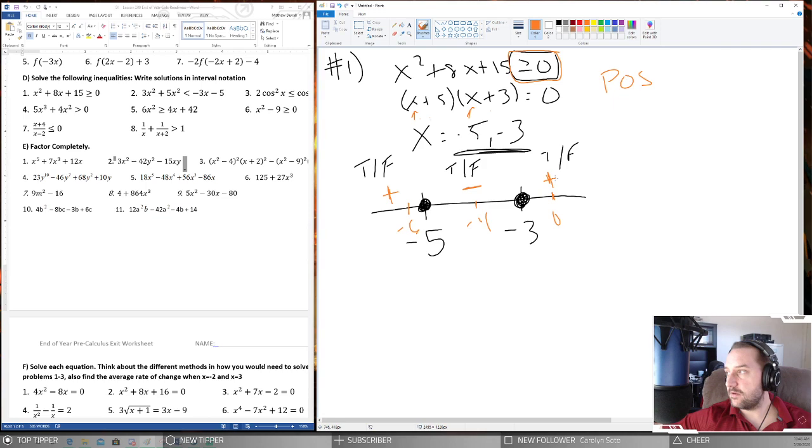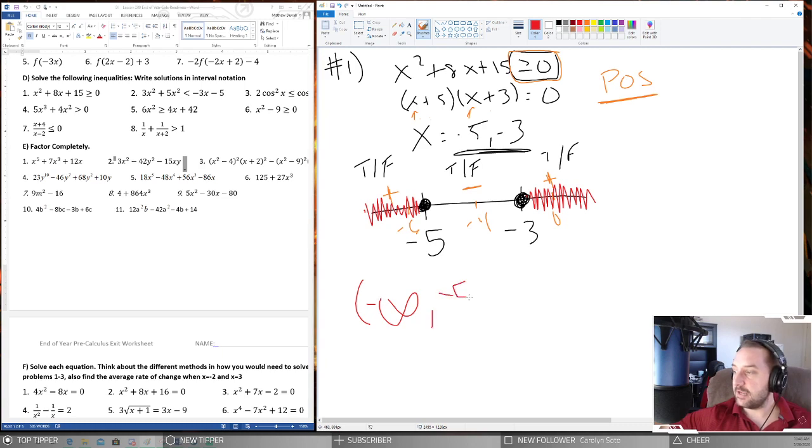Well, that's positive. We said we're looking for positive values, so the positive values represent my solution. Those are what are true. And so my answer is going to be negative infinity to negative 5 union from negative 3 to infinity.